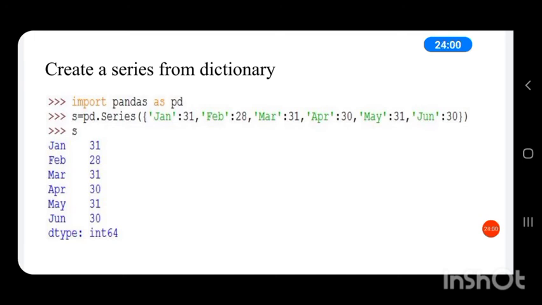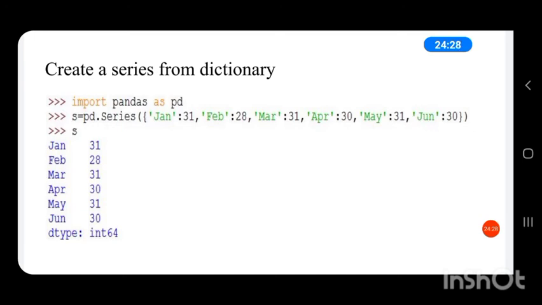So we have a dictionary with these key-value pairs, and if we create a series using this dictionary, then the output will be like this. In place of the index, the values will be Jan, Feb, March, April, May, June, and in place of data, the values are the number of days in each month.